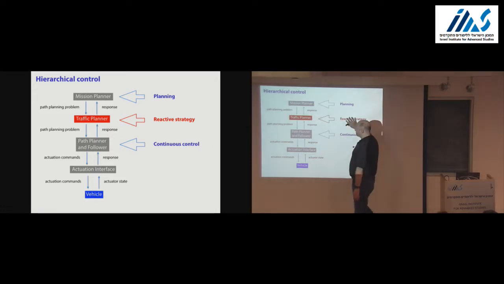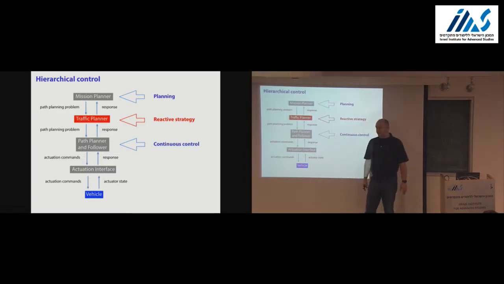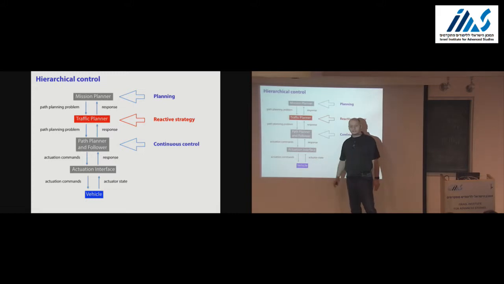So at the reactive level, we're not concerned with this continuous control problem, but rather we set goals for the path planner. And below that is the actual actuation interface, which then interacts with the vehicle.